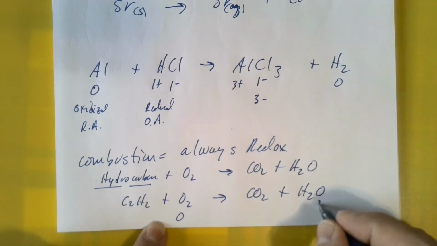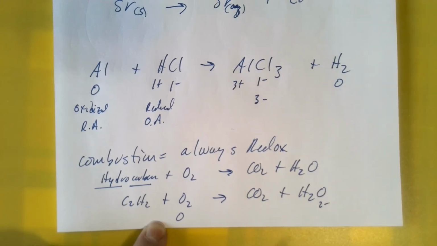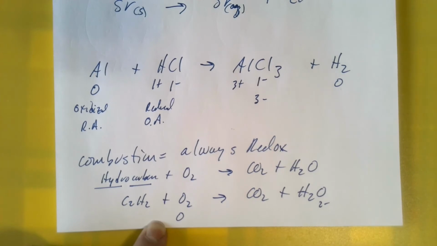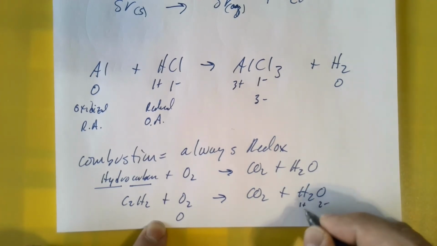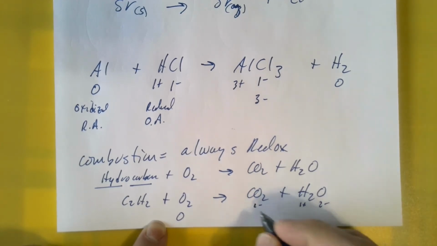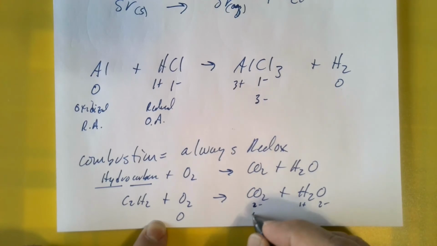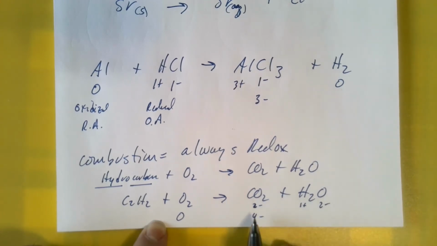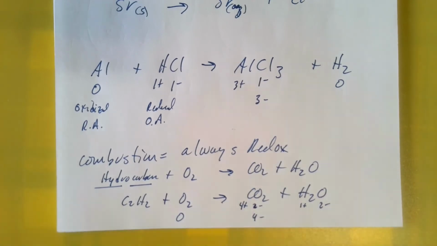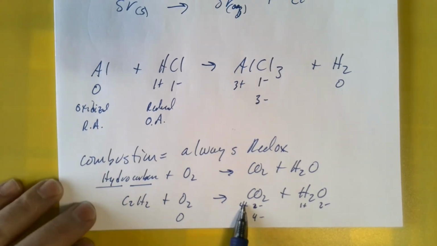Here, it's a 2 negative because that's what it usually likes to be, which makes sense because H is usually a 1 positive, and I got 2 of them, which gives me my net 2 positive, my net 2 negative, right? Same thing here. O is a 2 negative, but I got 2 of them, so that gives me a net 4 negative, right? Well, that means my carbon's got to be a 4 positive, which if I go back to what I told you, and you roll on your periodic table, carbon likes to be a 4 plus or minus, right?